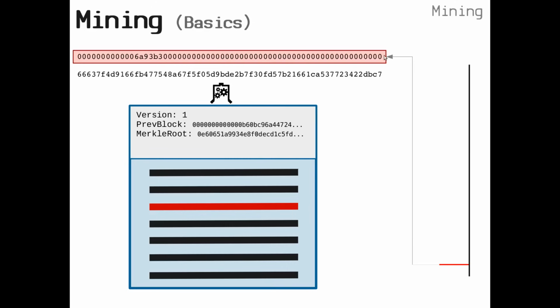Let's say this is the current target value, a number internal to every Bitcoin node. They all calculate their own. It's like a shared target value that is calculated in sync with every other node. If they can get their block hash to be below this, then the block will get added onto the blockchain, and the block is solved basically.